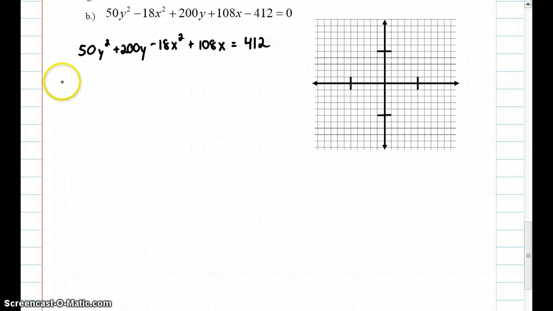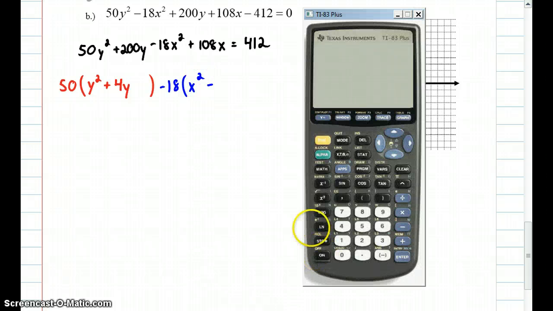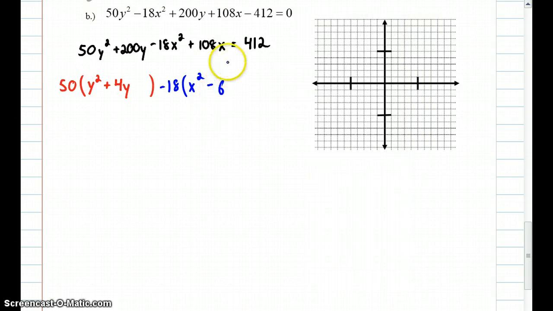Factoring a 50 from the y's, we have 50 times y squared plus 4y, with some space. Factoring a -18 from the x's, x squared minus 108 over 18 is 6. It's a minus since I factored out a negative number. And I'll leave some space. Equals 412.